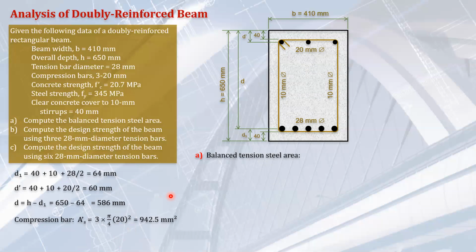How do we solve it? What is the formula? Can we use rho balance equals 0.85 fc prime beta 1 times 600 divided by Fy times the quantity 600 plus Fy? Actually, you can use that, but you need to add something more. That's too formula-oriented. What is the principle of the balanced steel area?